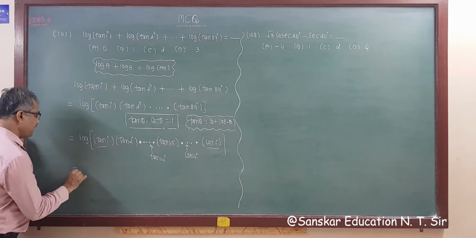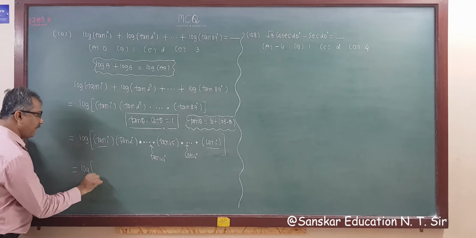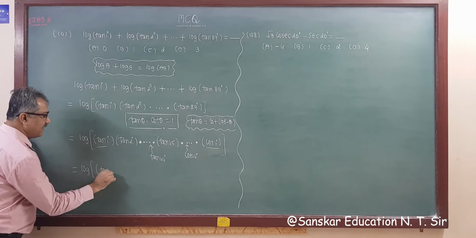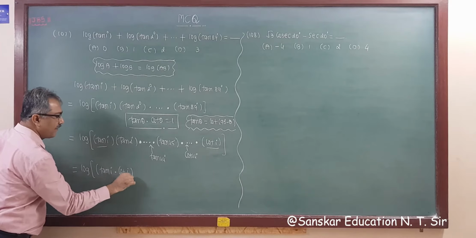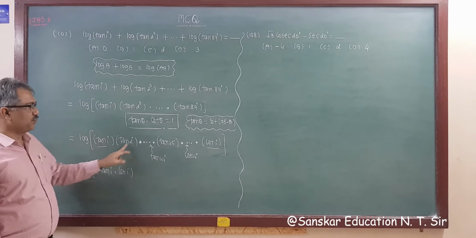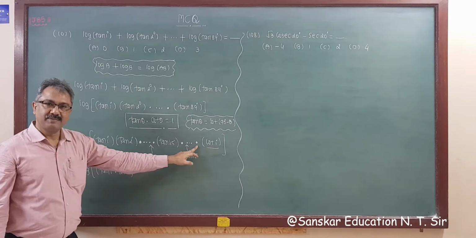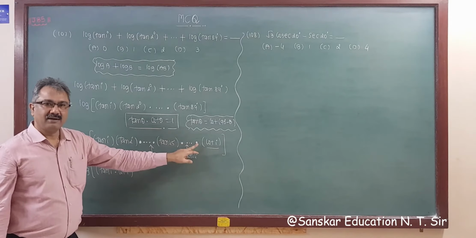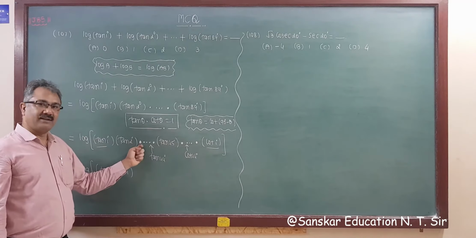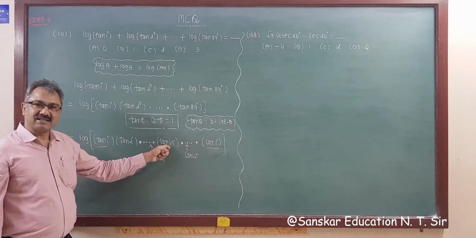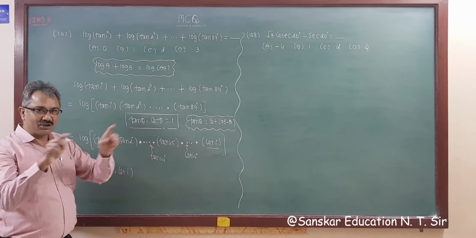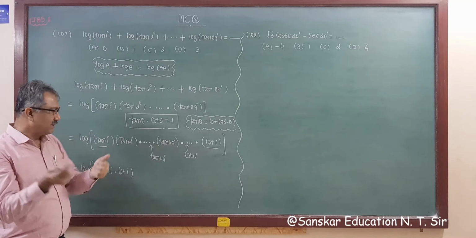So what we get here: log tan 1 degree into cot 1 degree, tan 2 into cot 2, then cot 3 from here, tan 3 from here, up to tan 44, cot 44, and then the last term is tan 45, because there is no pair for tan 45, right?